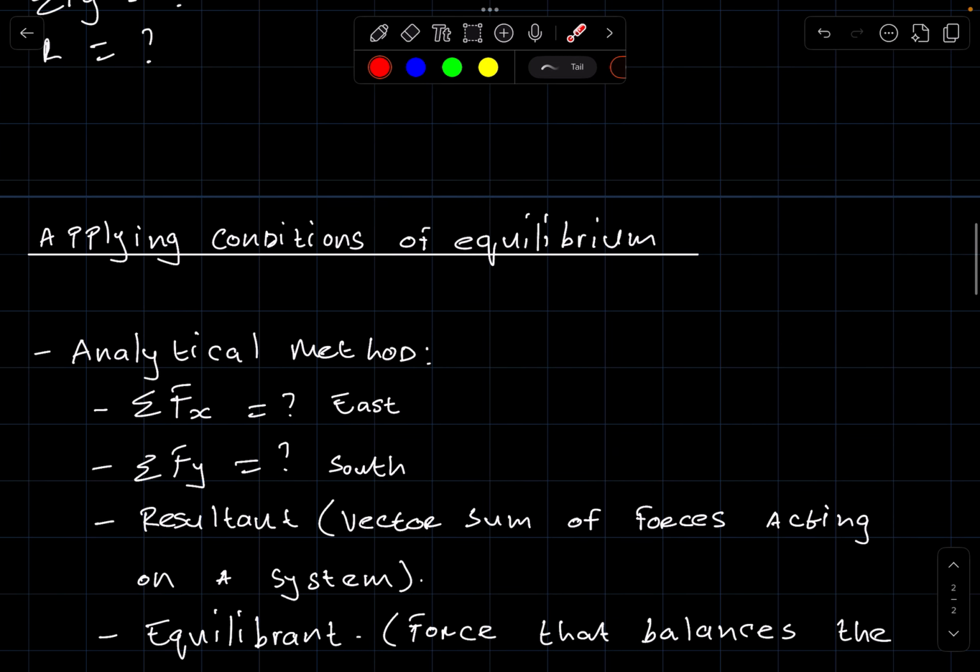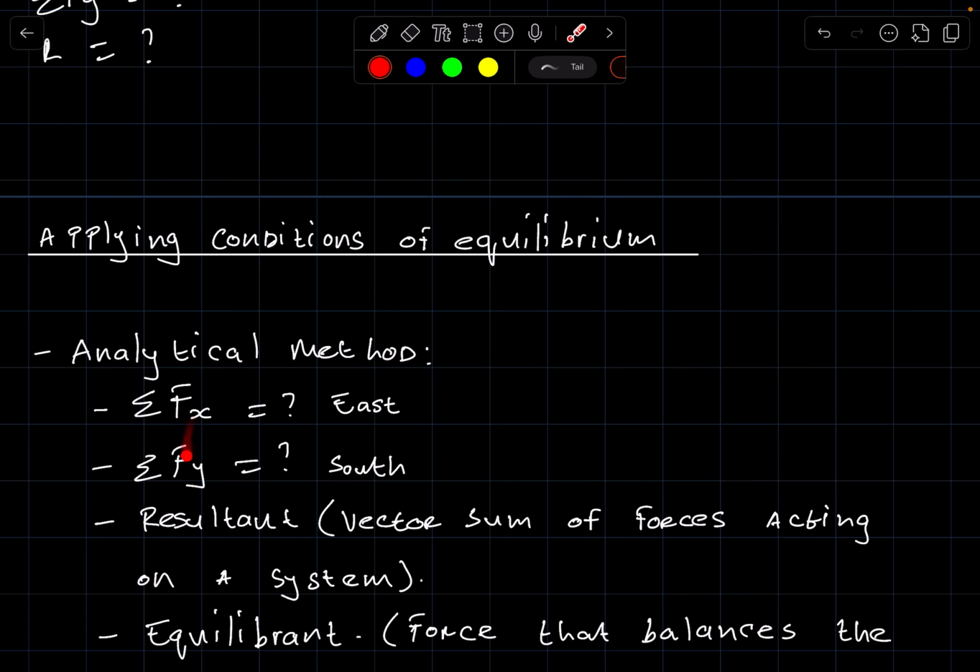Now with the analytical method, that is where we apply conditions of equilibrium mathematically.